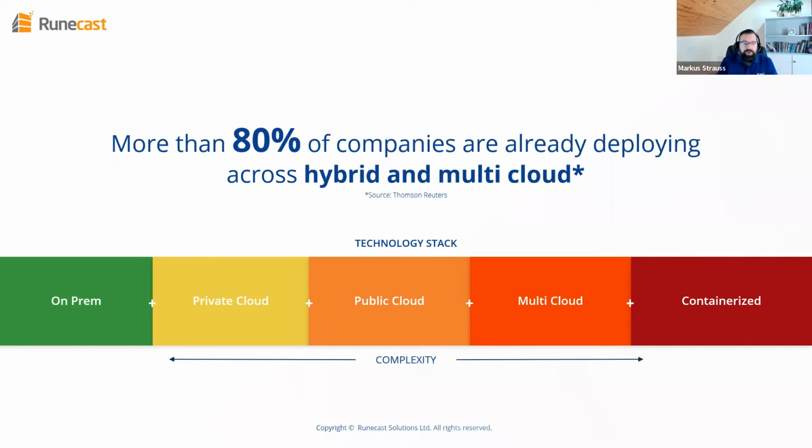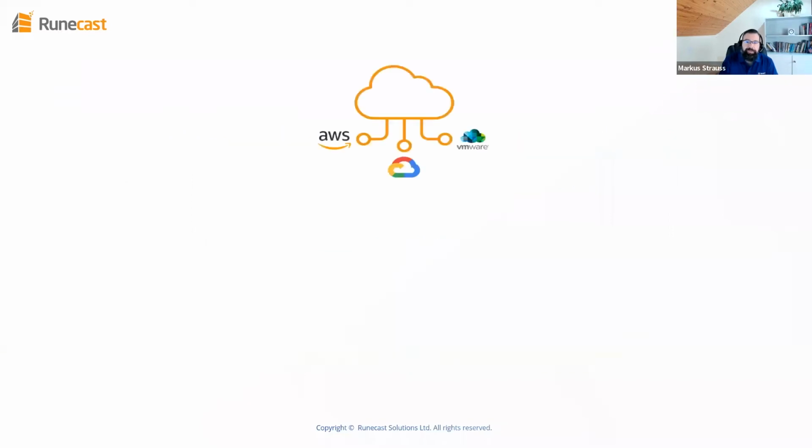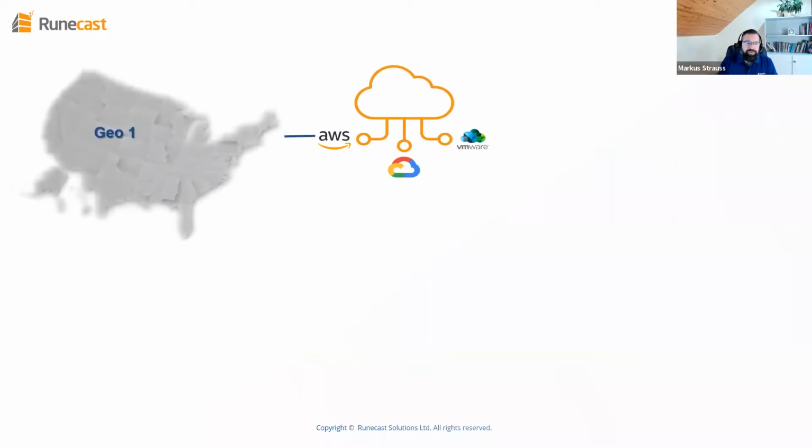So when we think of complexity, the next one is going to be an interesting one, right? And I'm just going to let this build bit by bit. So let's assume we are deploying in a true multi-cloud fashion. We've got our AWS deployment on one side, and one of our geo regions that's served by this deployment.